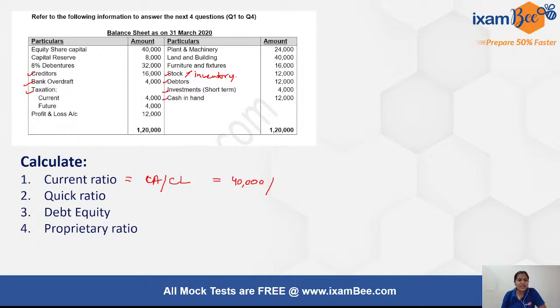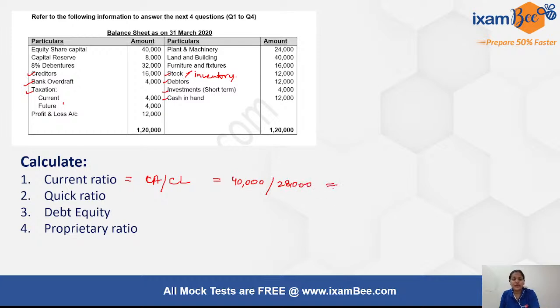So these three items together make up your current liabilities. If we add 16 and 4, 20, 24 and 28, so 28,000 is your current liability.